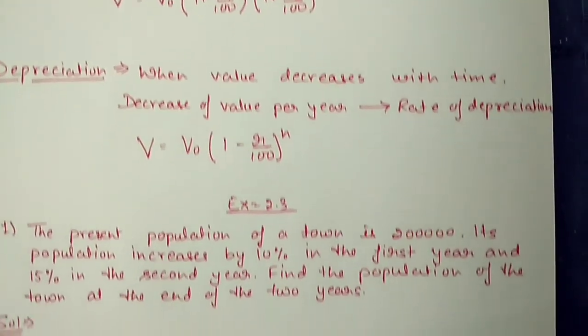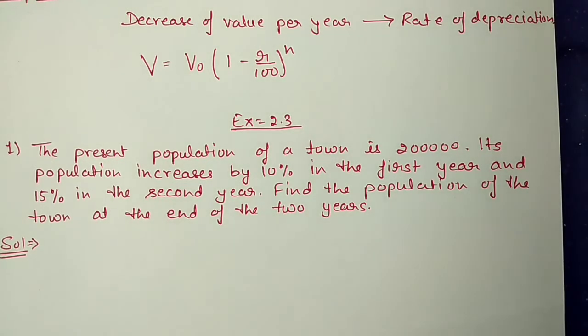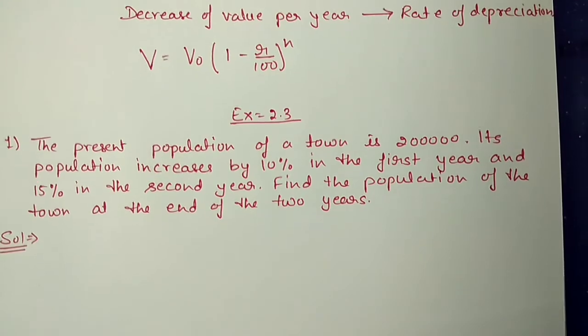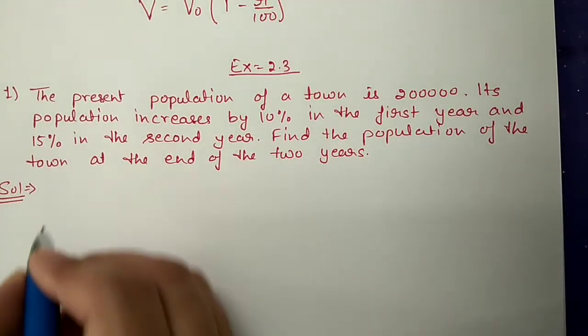So, first we will start exercise 2.3, question number 1. The present population of a town is 2 lakh. Its population increased by 10% in the first year and 15% in the second year. Find the population of the town at the end of 2 years. So, the initial population is given as 2 lakh, which we will represent with V naught.